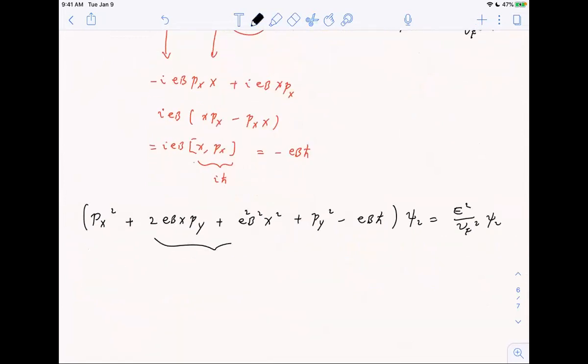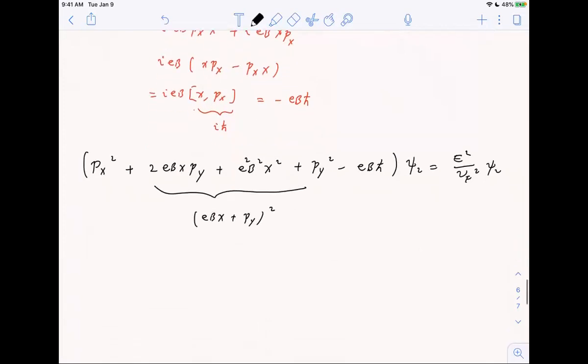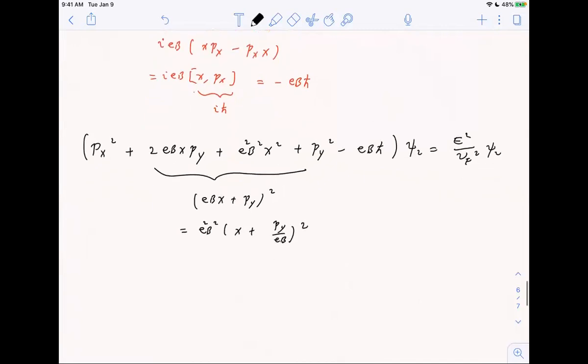Then this can combine. You have the e b x plus p_y squared. Now p_y and x, they commute. So you can have the e b squared x minus p_y over e b squared.